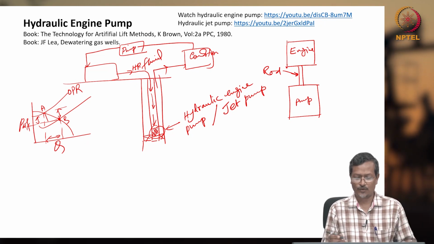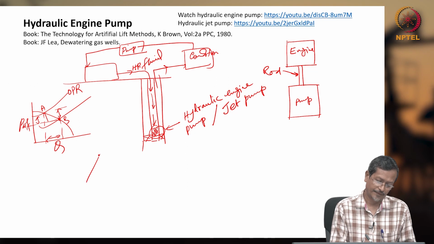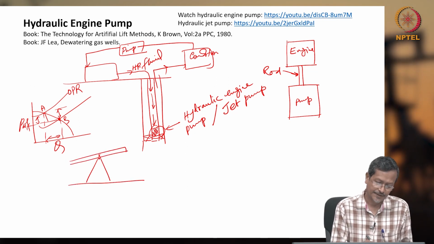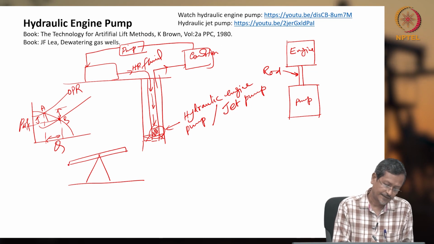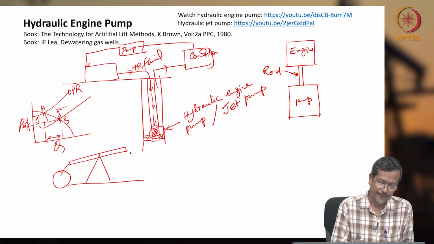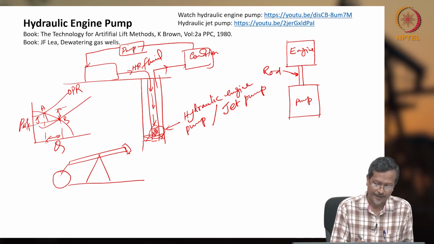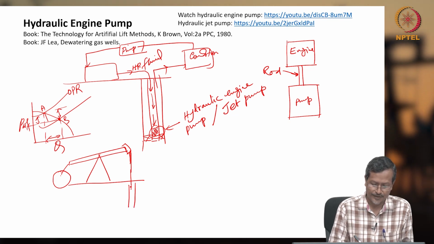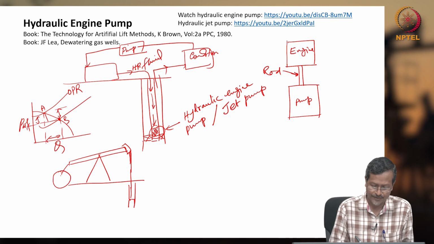How does it work? A sucker rod pump will have one beam like this, driven by some motor mechanism, and there is one horse head. From the horse head your polish rod goes down, then you have the sucker rod and the plunger assembly.